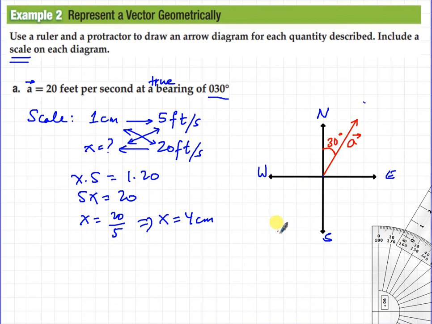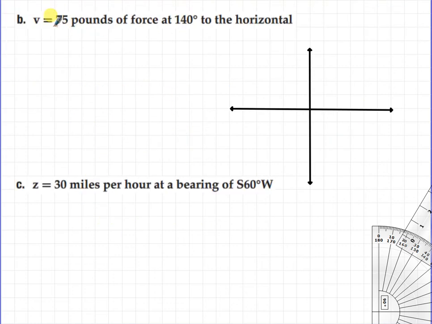Another example. V, again, equals 75 pounds of force at 140 degrees to the horizontal. So 140 degrees to the horizontal means that I'm talking about a vector that is in standard position, so 140 degrees from the positive x-axis.